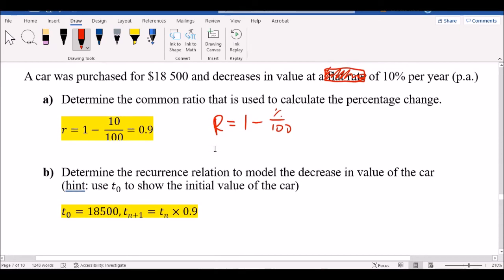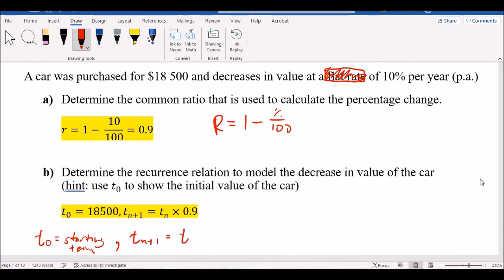B, determine the recurrence relation to model the decreased value of the car. Remember, for the recurrence relation, you have to tell me the starting term, and then separated by a comma, Tn plus 1. Tn plus 1 equals Tn times the common ratio.